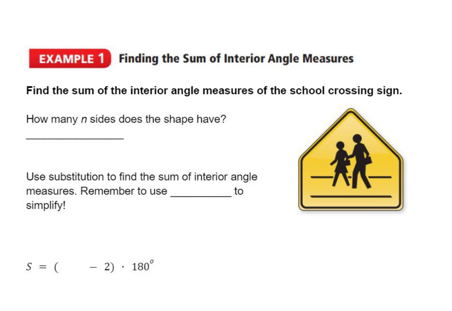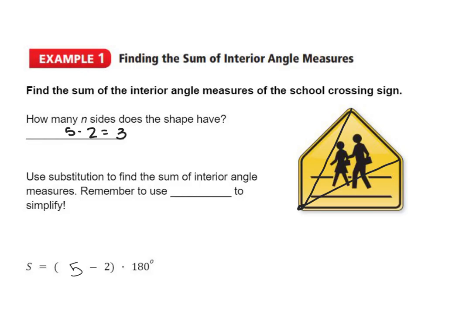So now let's try example 1. Find the sum of the interior angle measures of a school crossing sign. How many n sides does the shape have? So let's pick a vertex and let's cut this thing up into some triangles. So we can see that it has 5 sides. So 5 minus 2 is 3 triangles.